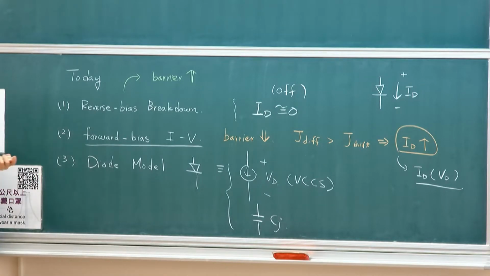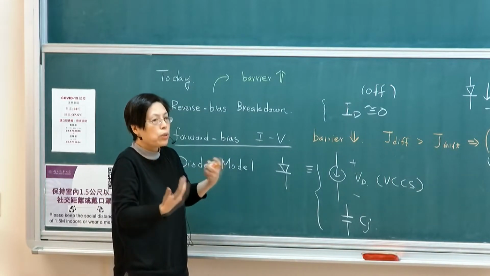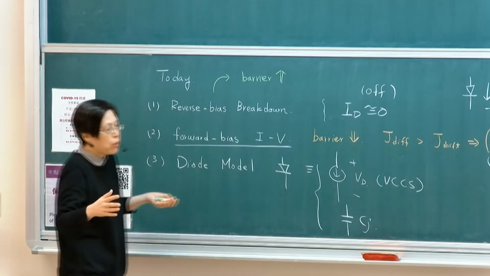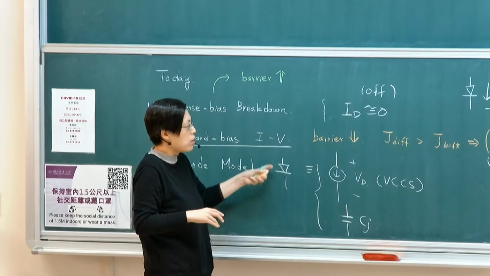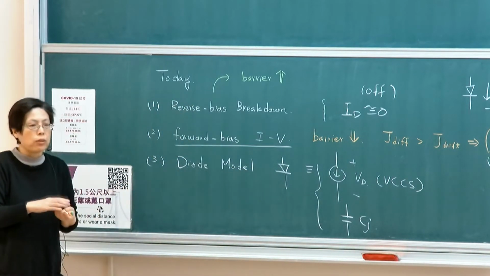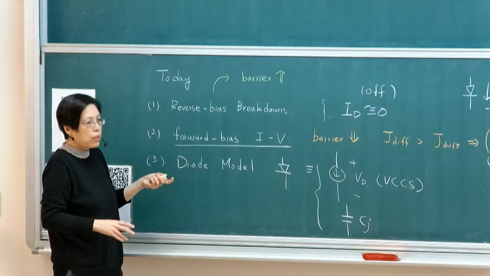In the bridging of these two, if I insert this device, how would you know? Other than the linear passive components, for which we already have equations describing them, we also need to construct equations describing the diode. So we call it the diode model. The bridging between circuits and devices is based on device models.